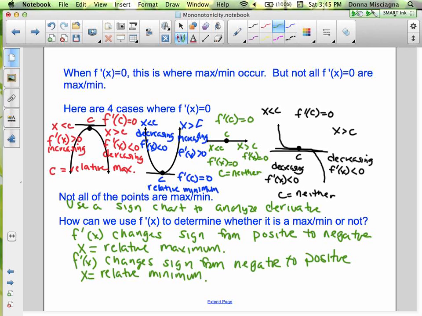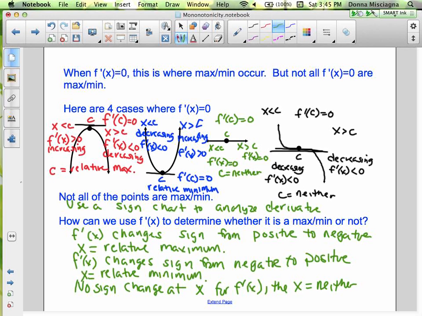If there's no sign change at x for f prime of x, then x is neither.